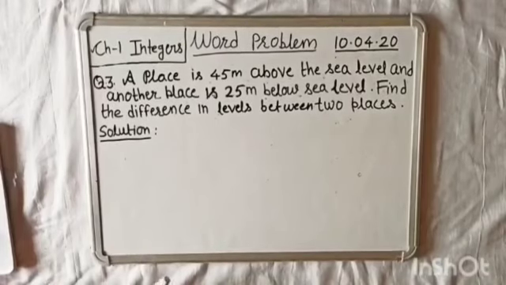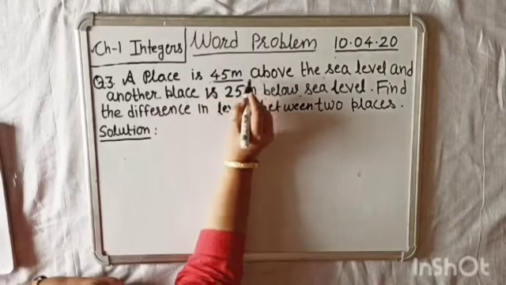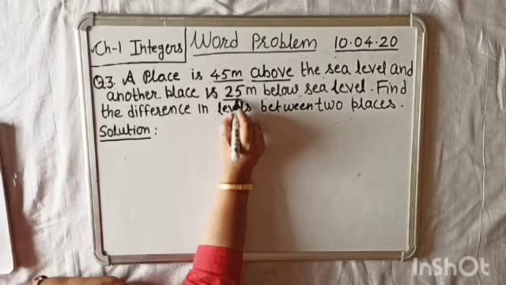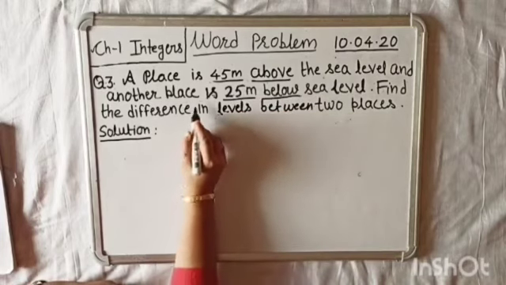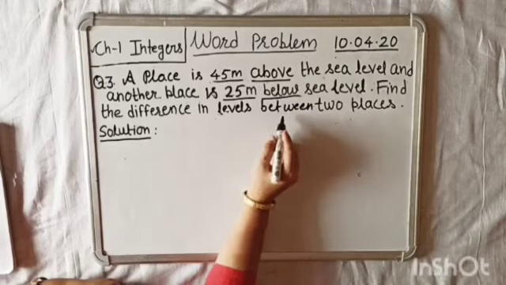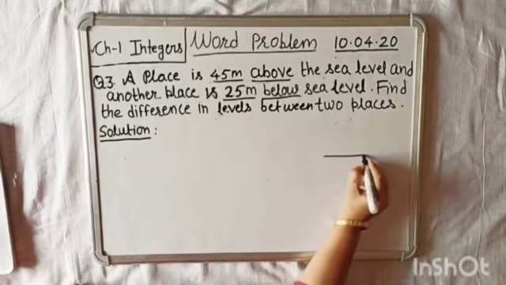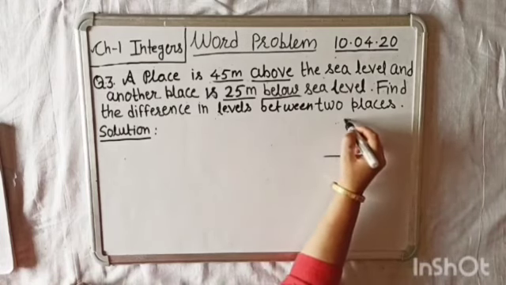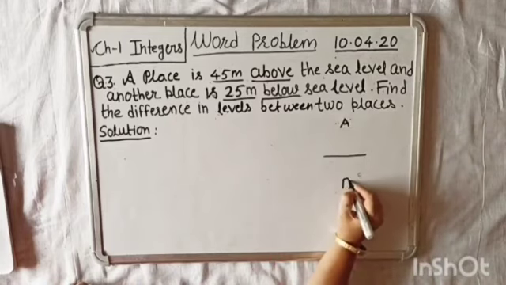Now our next word problem. A place is 45 meter above the sea level and another place is 25 meter below the sea level. Find the difference in levels between the two places. For example, it is sea level and the place which is above the sea level is here and which is below is here.